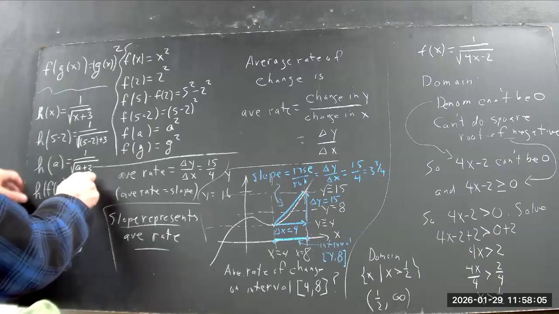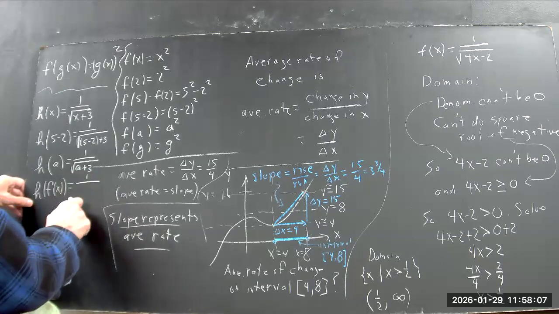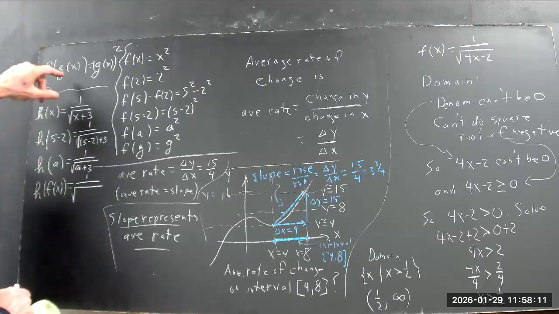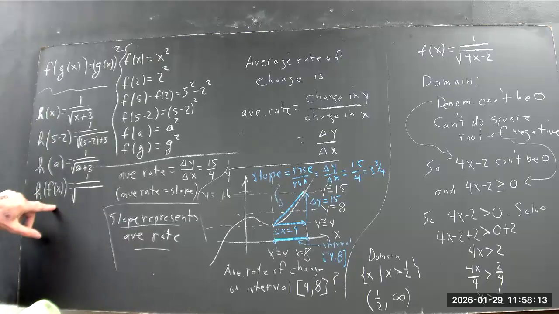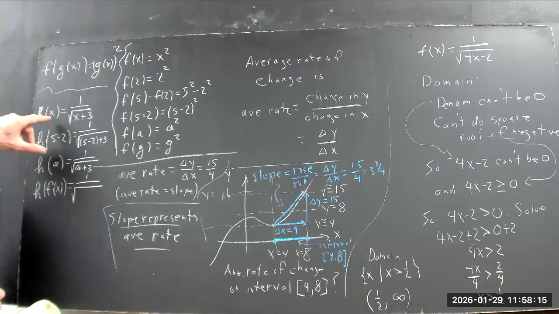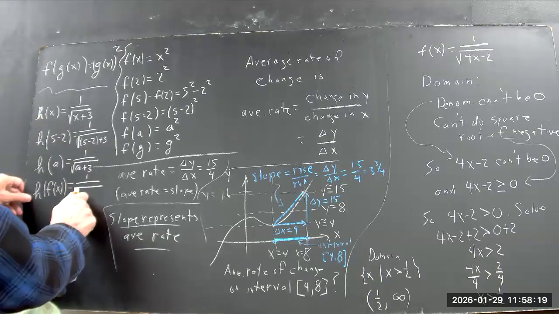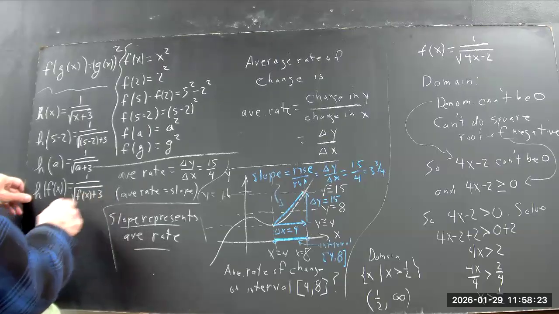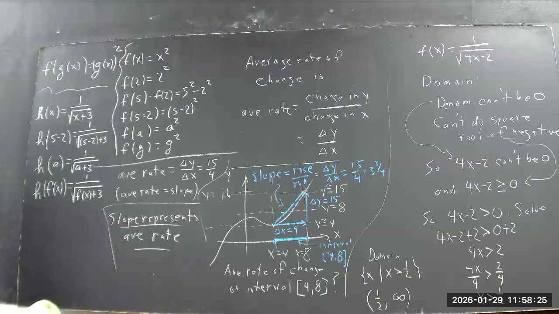What at least one person wrote down was not quite right, but you're replacing x by f of x. Well, this x becomes f of x, so does this x. We get 1 over the square root of f of x plus 3. There you have it.